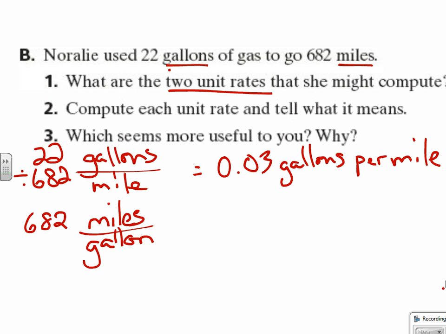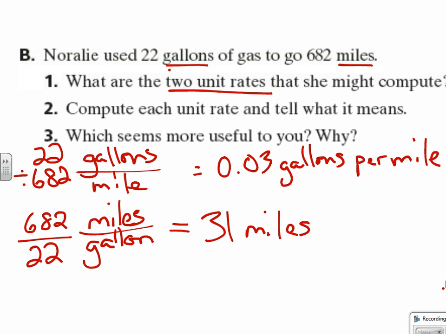We can figure that out by taking how many miles we've driven, and that's usually on the tripometer, divided by the gallons of gas that we put into the car, so 22. 682 divided by 22, again on your calculators, I get 31 miles to the gallon.